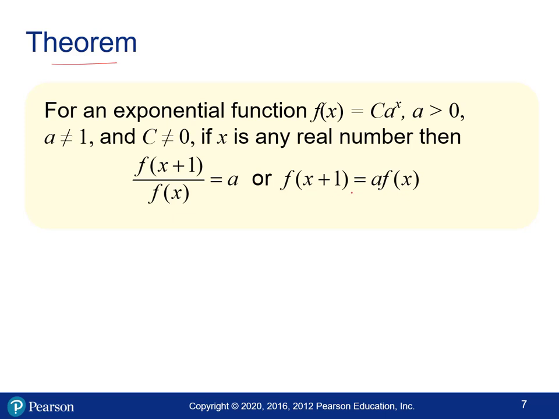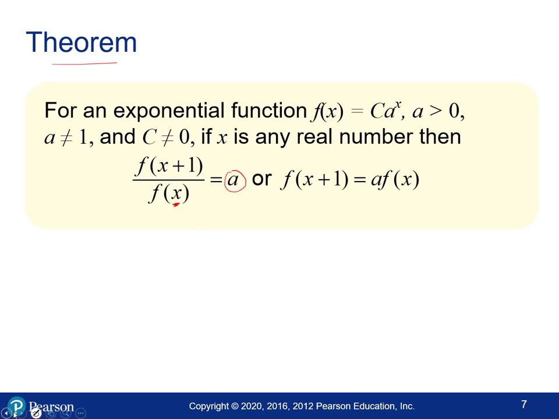Okay, here's another way to write it. Pretty much what this says is if I take my next term in my values for this function, so notice x plus 1 is like saying the next value for x, and if I divide that by the previous one, which is x, f of x, I get this factor a.